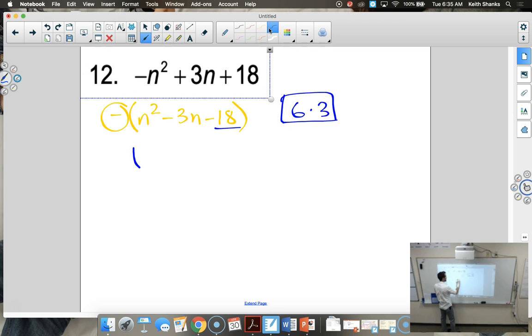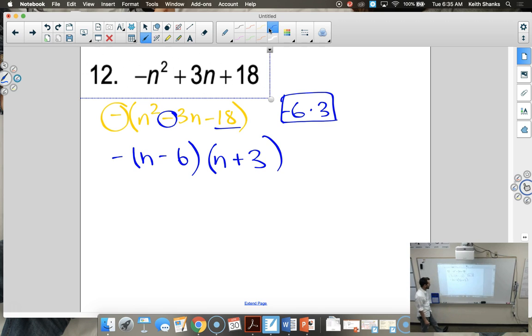So when you factor this way, you're going to set up 2 parentheses. And in order to get 18, one of the numbers has to be negative. And because this is negative, you're going to have a negative 6. So negative 6 plus 3. And again, there's a negative in front. Right? So that is factored as much as you can.